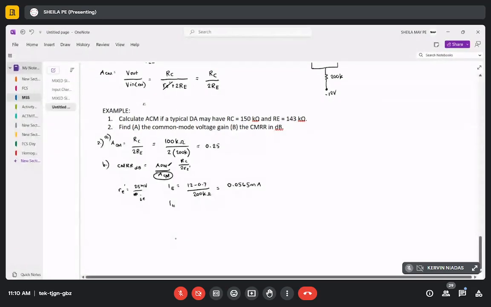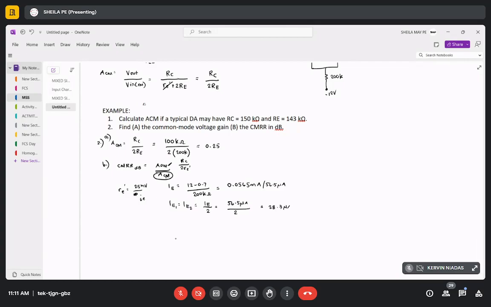We divide it by 2. So 56.5 microamperes divided by 2, that would be 28.3 microamperes. We have our IE already.